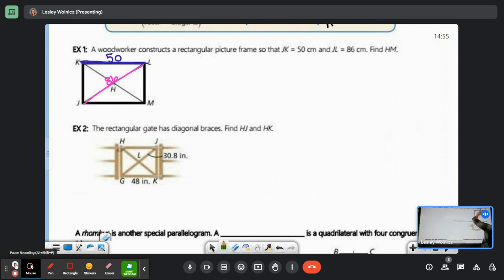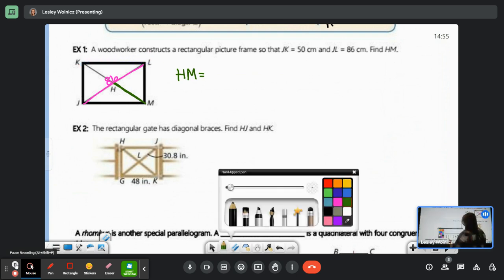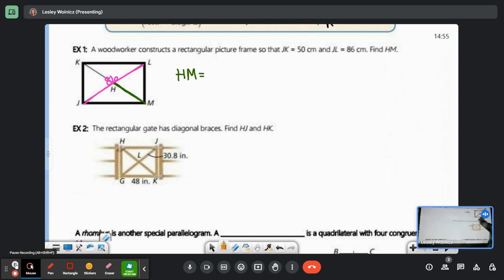So what is HM? Did I put it in the wrong spot? I will say for myself that we actually don't need that, I don't think, but it's still annoying that I've mislabeled it.